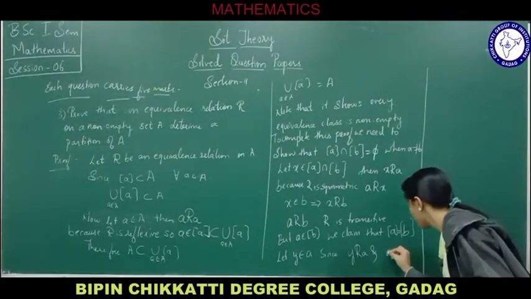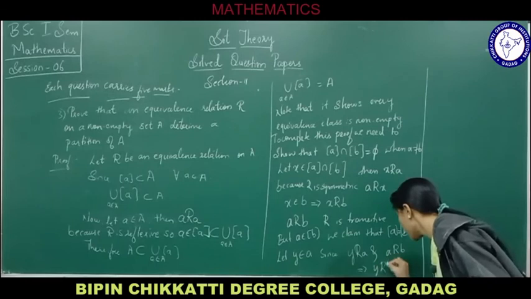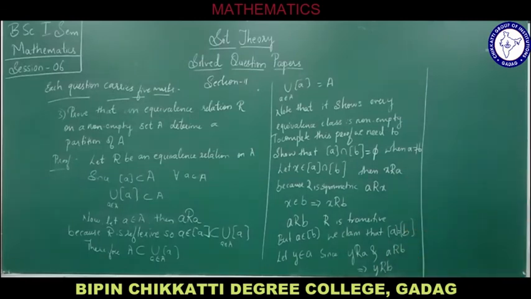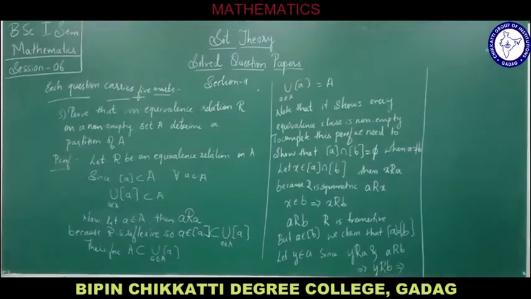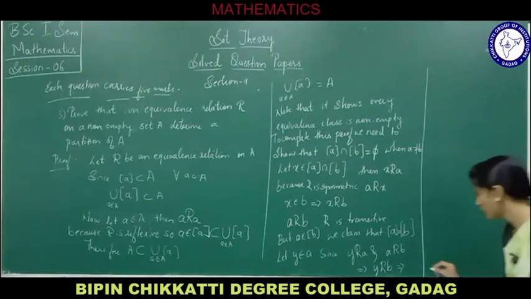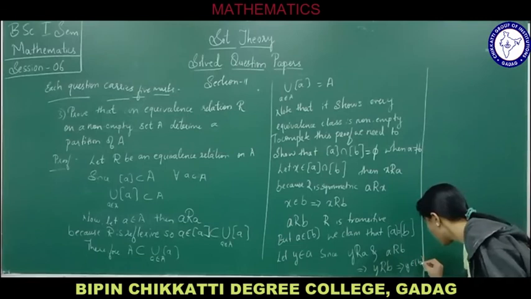A is related to B implies Y is related to B, or Y is equivalent to B. This implies Y is going to belong to B.